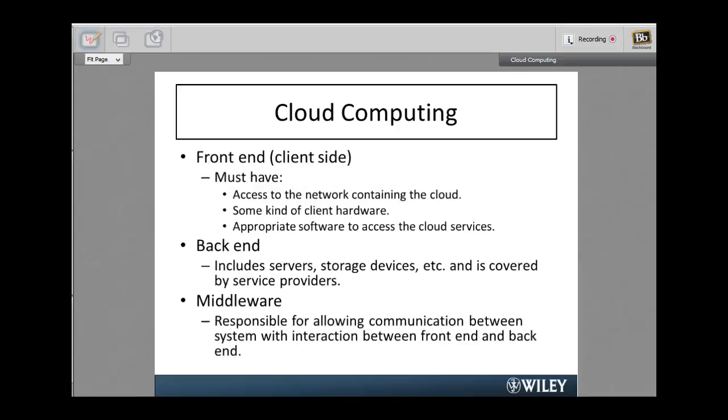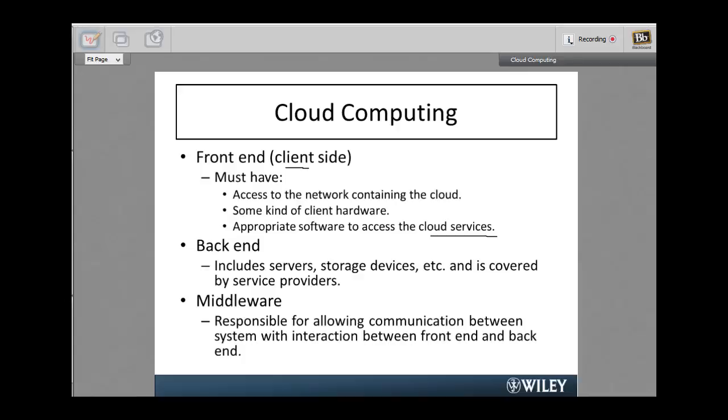For the front end, we mean the client side, which must have access to the network containing the cloud, some kind of client hardware, and appropriate software to access the cloud service. The back end includes the servers and storage devices covered by the service providers.